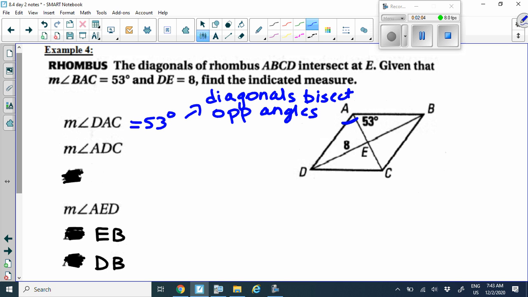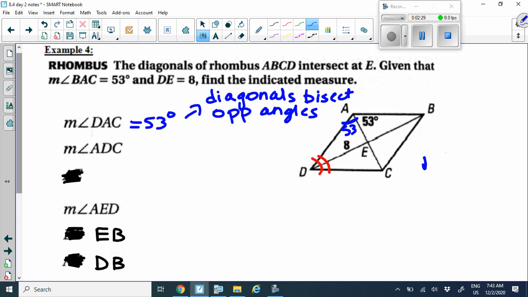Okay, now our next thing, let's find measure of angle ADC. So I'm going to also indicate what that is. So we start from A, we go to D and C. So it is this part here, okay? Now what we can do is notice that we're taking the entire angle. So we know what angle A is because we have basically 53 and 53.